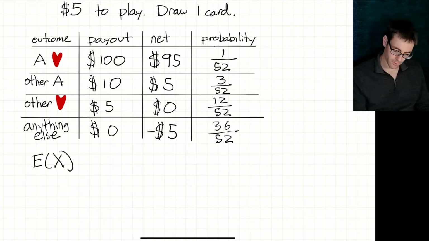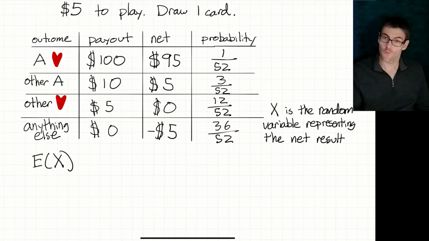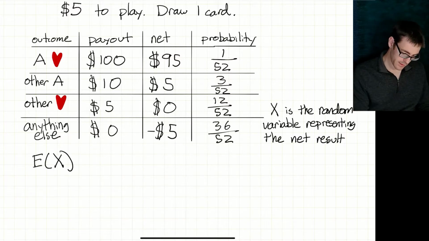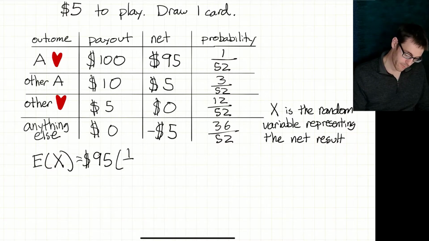of X. Well, first off, let's make a note that X is the random variable representing the net result. So we can find the expected value of this random variable by just taking this weighted average. Well, sometimes we get plus 95, but that's only going to happen 1/52nd of the time.